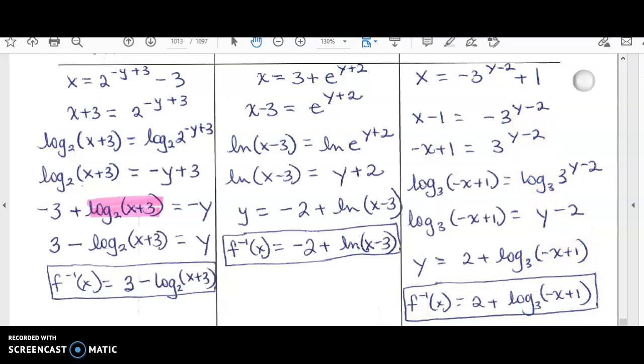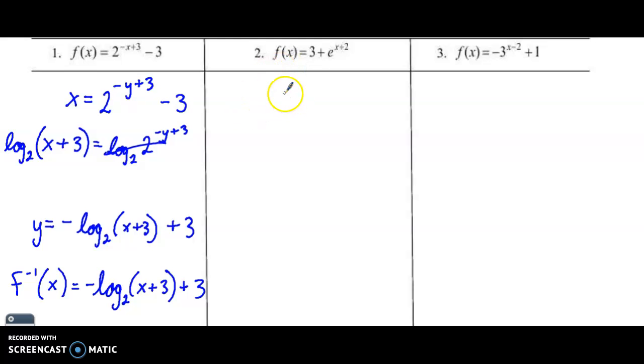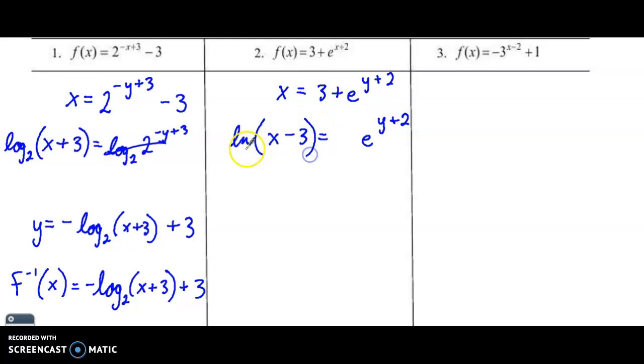All right, I'm going to switch back, and I'm going to actually work out the middle one. So in the middle one, switch x and y around. I would subtract 3 over first because you need the exponent by itself. Sometimes we say you isolate the exponent. To undo e, instead of writing log base e, we know to write natural log of e.